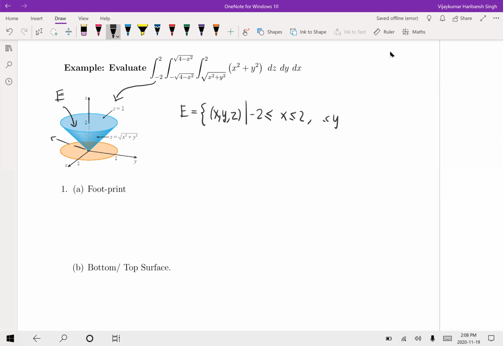Your y goes from minus square root of 4 minus x squared to plus square root of 4 minus x squared, right? And your z goes from square root of x squared plus y squared, from this cone, to this surface. So again, we are going z first.